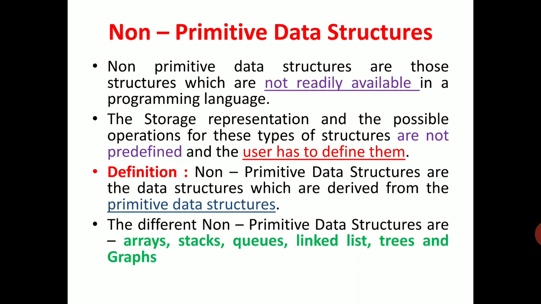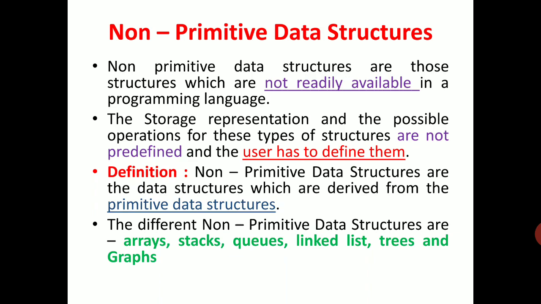The different non-primitive data structures are arrays, stacks, queues, linked list, trees and graphs. In this we have again two types, linear and non-linear. We'll proceed to those later.